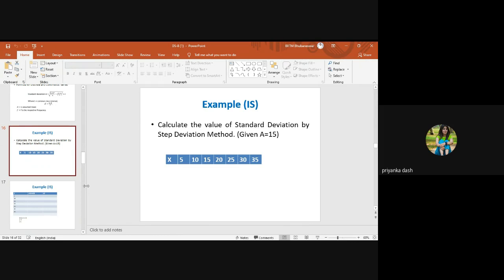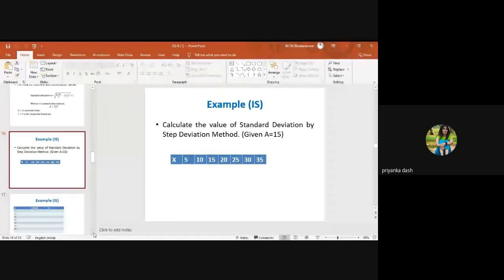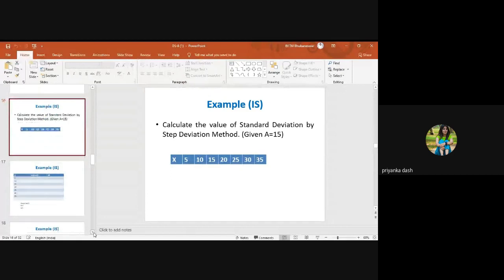X is given. It is easy to calculate d. In the first column, you just write down the variables, that is 5, 10, 15, 20, 25, 30, and 35 respectively. Then calculate the deviation, that means x variable minus mean, divided by I. What is the common factor here? 5.